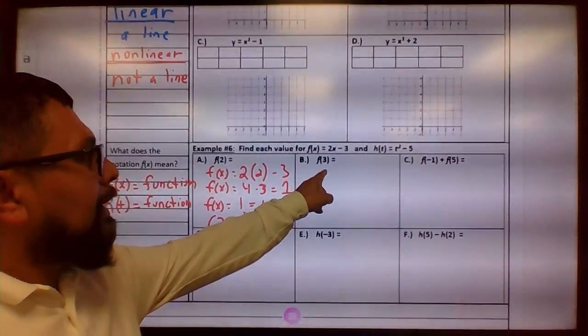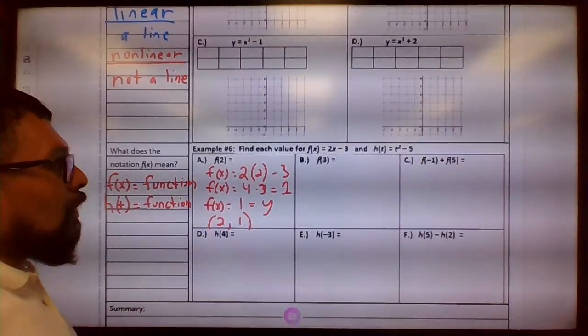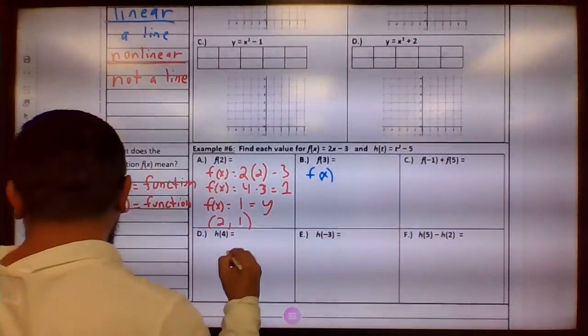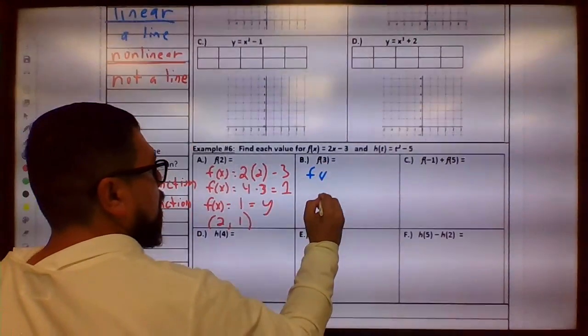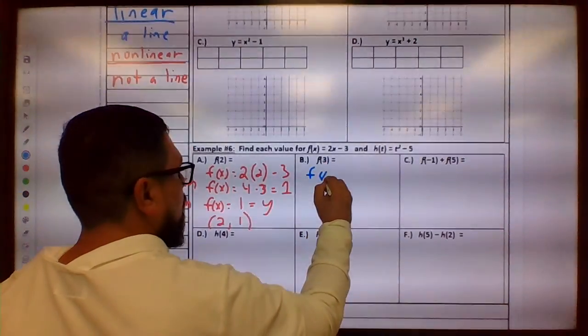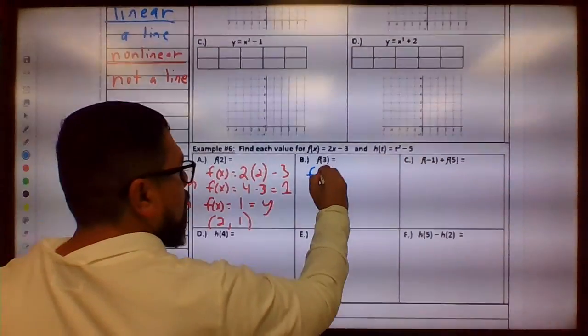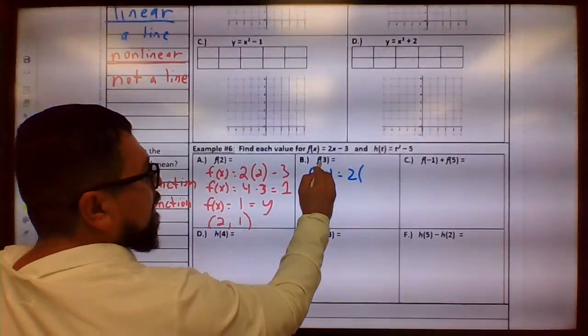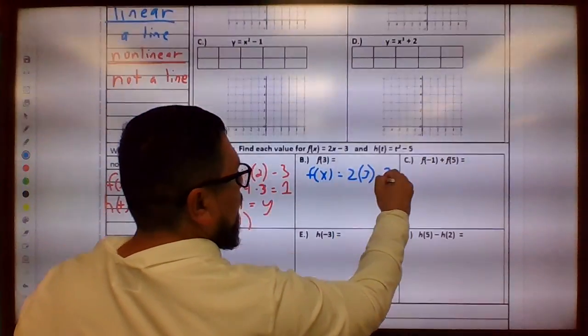Let's go ahead and do B. So f of 3 equals what? So again, f of x equals 2, and then x is 3 now, minus 3.